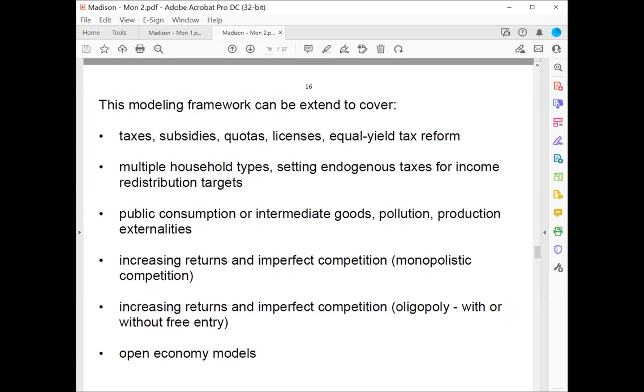I've done a lot of that in my career, and especially with endogenous multinational firms and foreign production. And you can do this either in a monopolistic competition framework or in an oligopoly framework with or without free entry. And then, of course, open economy models in which you just have added production activities that consist of an input of one good in one country and an output of that good in the other country, and putting transport or tariffs on those added production activities.